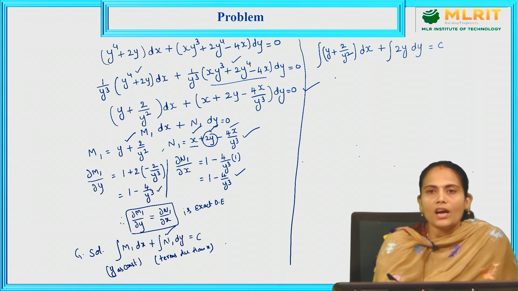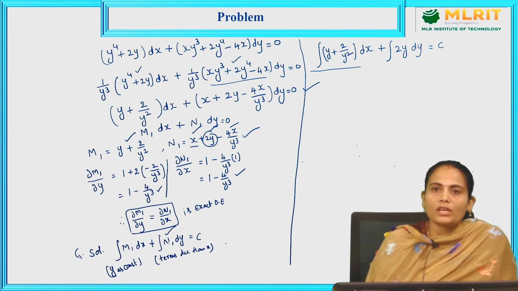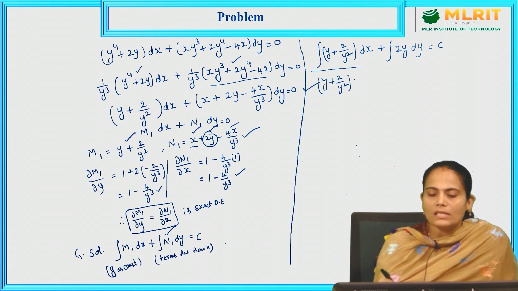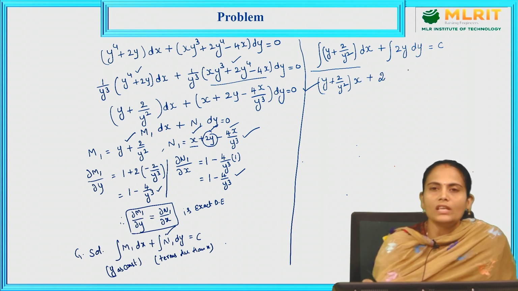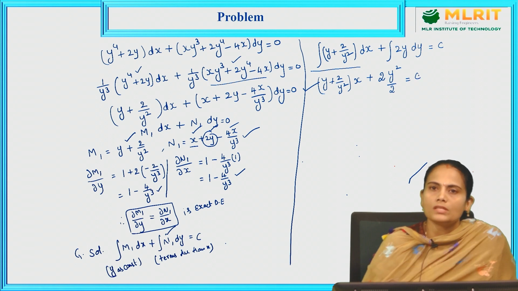So now we have to integrate. The first integration is with respect to x, taking y as a constant, since here y plus 2 by y square is a constant. Integration of dx is nothing but x, and the integration of 2y is y square by 2, equal to c, right?